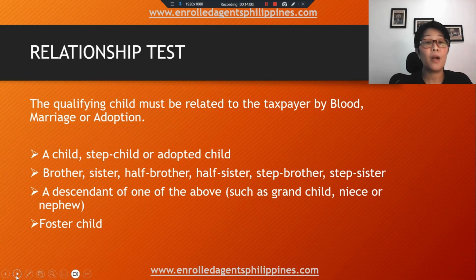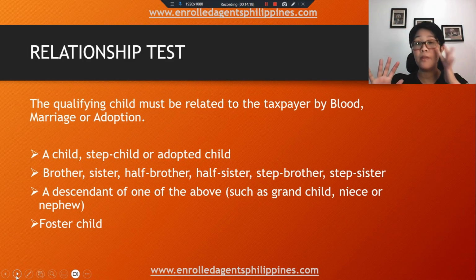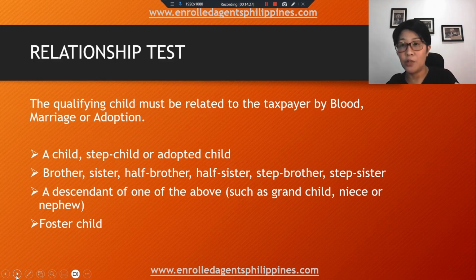So ito pa, brother, sister, half-brother, half-sister, step-brother, step-sister. So nung una guys, nalilito ako dito kasi syempre qualifying child tapos biglang may brother, may sister. So considered as qualifying child pa rin yan. So malawak ang sakop. Pag sinabi mong qualifying child, kasama to. So again, a child, stepchild, or adopted child.